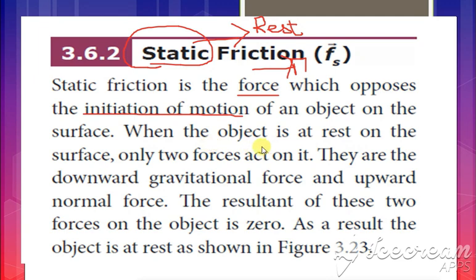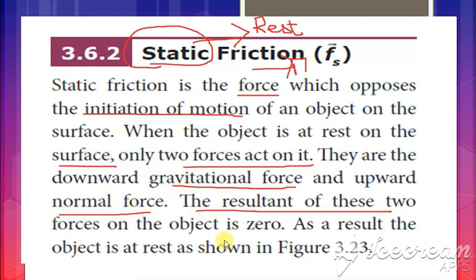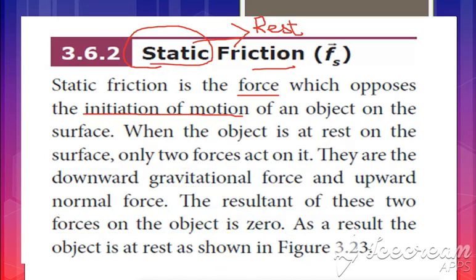Okay, when the object is at rest on the surface, only two forces act on it. They are what? First is gravitational force and the normal force, and the resultant of these forces on the object is zero. Okay, so what will the resultant force be for us? It will be zero. As we know already, whenever you are considering the object, there are two forces which are acting on it.